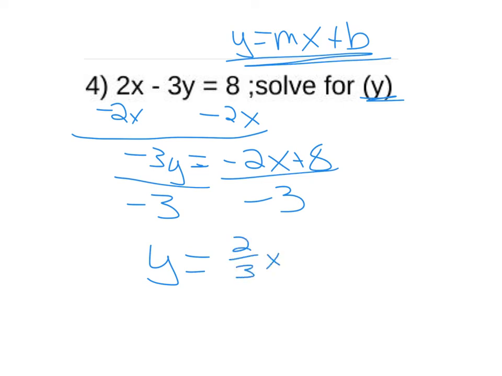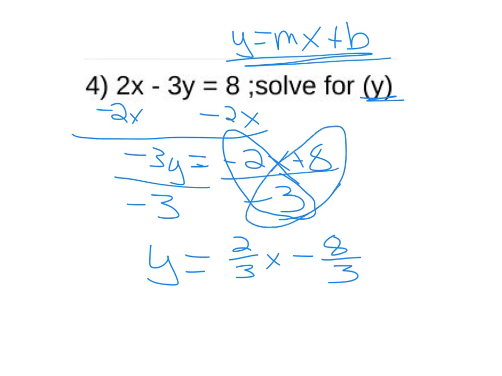And then 8 divided by negative 3, well, we can't simplify that, so just leave it as a fraction, negative 8 over 3. Just to re-step that phase, remember this is like your reverse distributing, where we can take that and divide it by 3, and you can take that and divide it by 3. And our final answer would be right here.